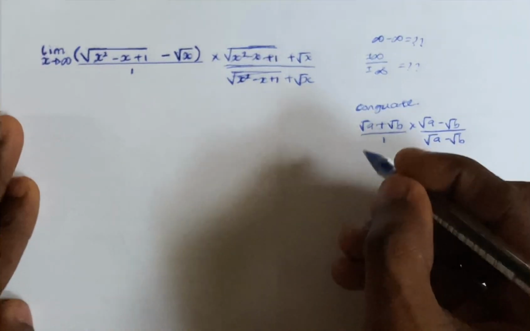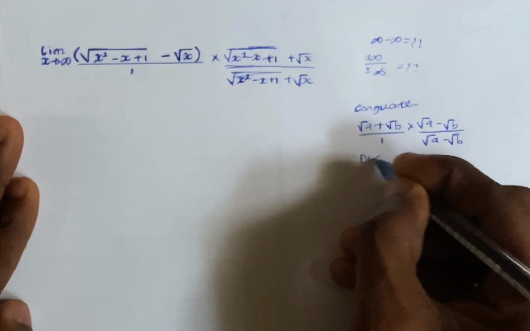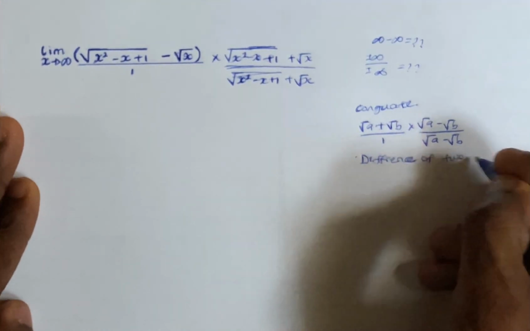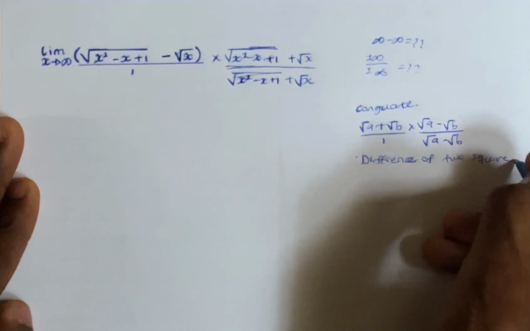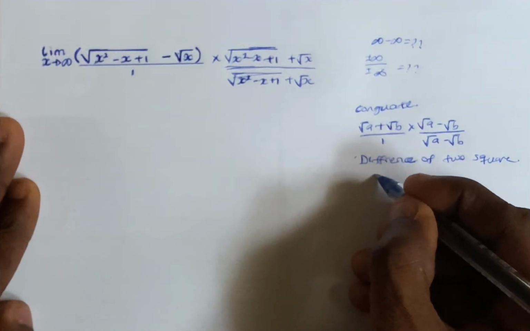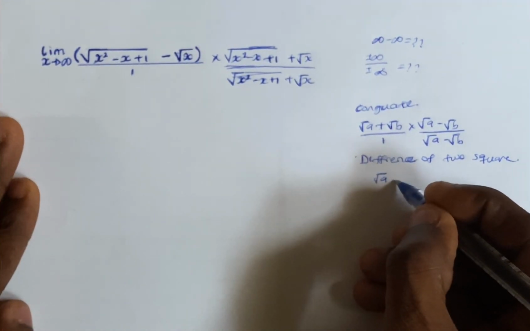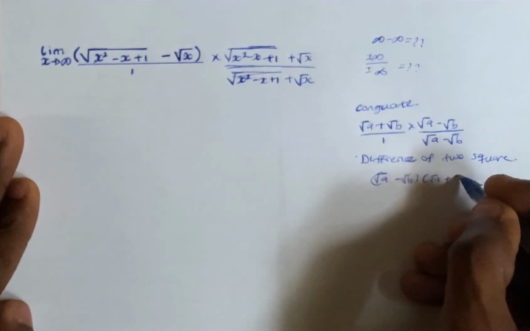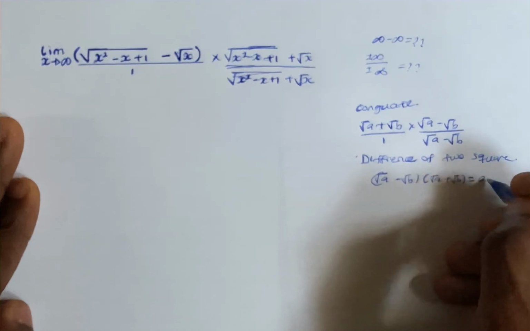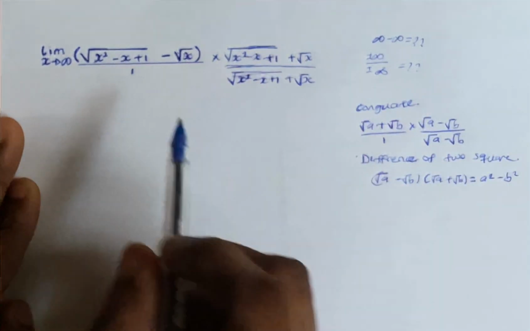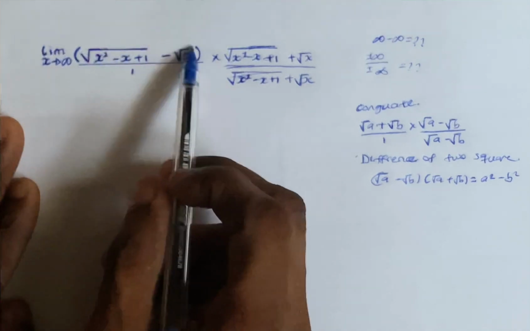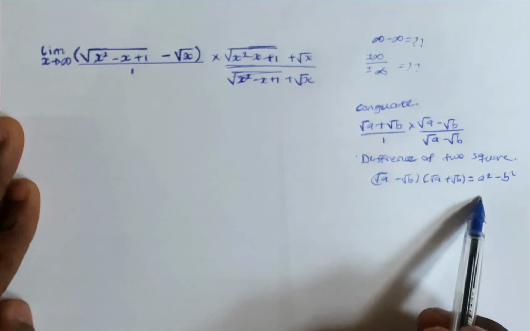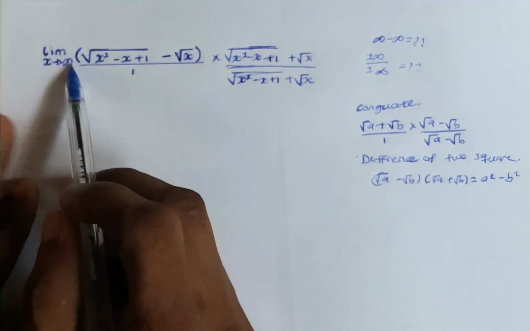Now if we have this thing, it will take us to the difference of two squares. If we have, let's say, square root of a minus square root of b times square root of a plus square root of b, that will be equal to a squared minus b squared. So we can say this is our a, this is our b, this is our a, this is our b. We apply the difference of two squares to this.